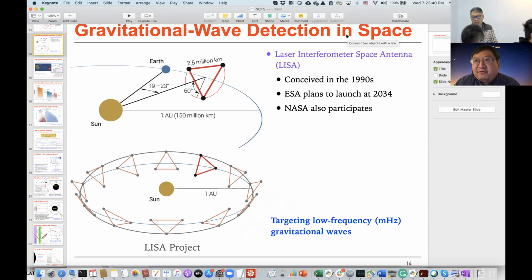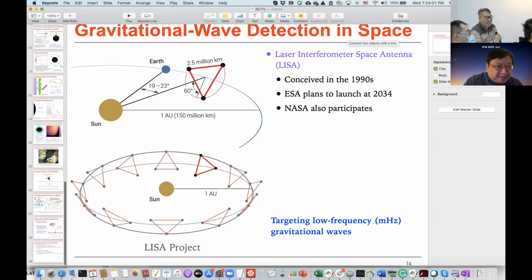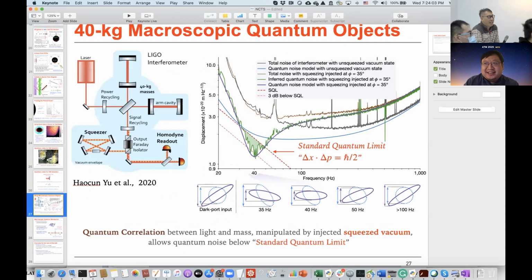Either use the microphone or the. Yeah, sorry. I was just wondering when the LIGO group will adopt this squeezed vacuum to reduce noise beyond the standard quantum limit? Oh, sorry, I still can't hear. It's about the squeezed vacuum, right? Yes, and I wonder when LIGO plans to adopt this scheme and make it work?